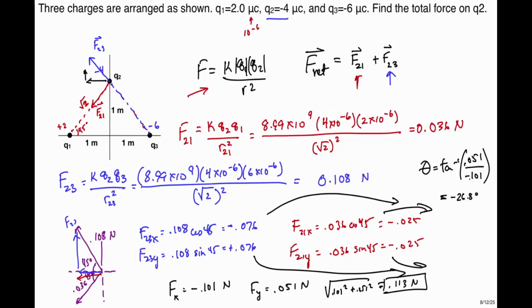Tangent always returns an angle that's measured from the x-axis. The only question is, is it the positive x-axis or the negative x-axis? And the only way to answer that one is to just draw the picture. And by draw the picture, I literally mean, it's right here. You draw xy axes.